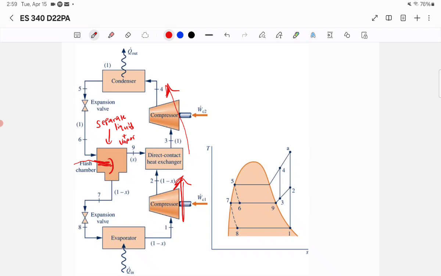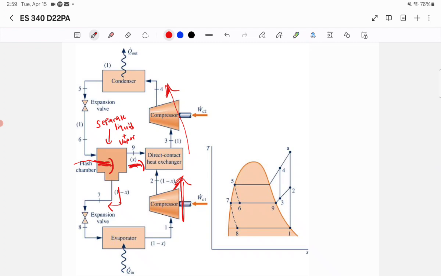So then what ends up happening is you get two separate streams. Notice the X here. You get the vapor stream that comes back through, and you get the liquid stream which goes down this way. So basically the flash chamber just separates the liquid and vapor from each other, and then allows them to go back through the cycle through different routes, essentially.